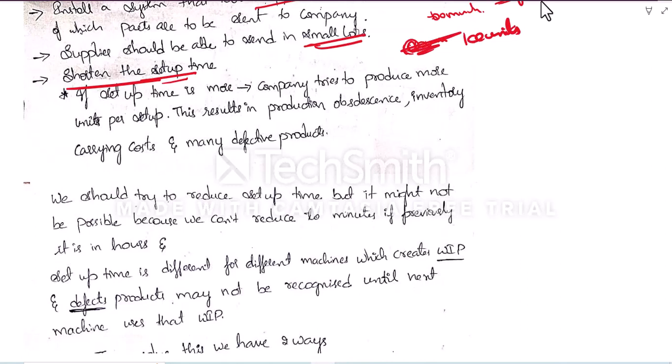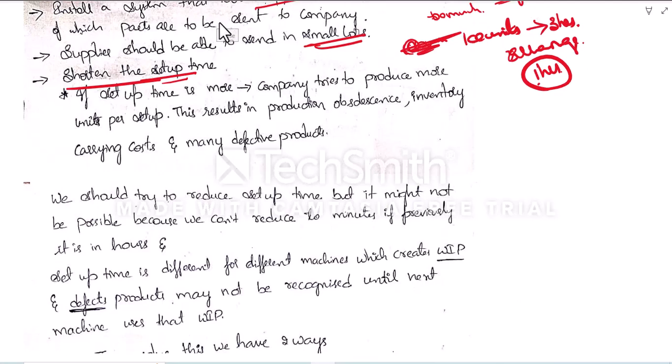After producing these 100 units, if you want to produce again with the same machine, you have to rearrange it properly to work. So it might take 1 hour. We have to try to reduce this 1 hour, but it might not be possible, because if it is hours in the current instance, it might not change to minutes or seconds in the next instance.